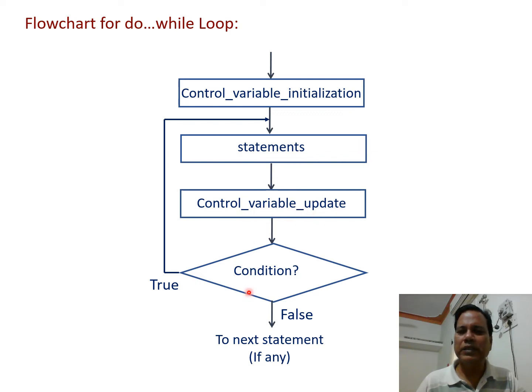Then the condition is tested at the last. If the condition is false, then the loop is exited. If the condition is true, then we again execute the body of the do while loop. So in this way, this diagram shows the working of the do while loop.